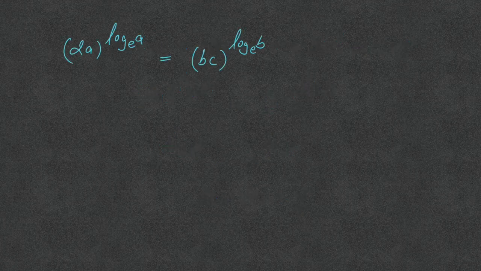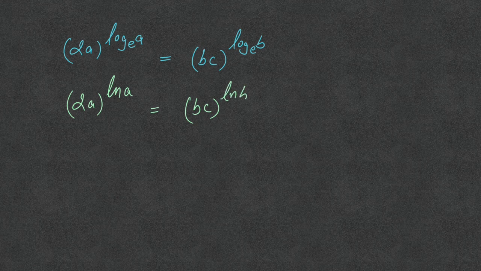First of all, I would like to write it as 2a to the power natural log of a is equal to bc to the power natural log of b. So log of any number x with base e can be written as ln of x.